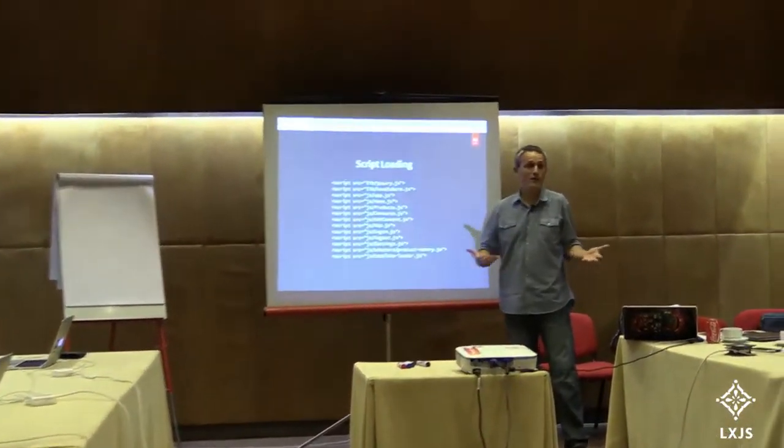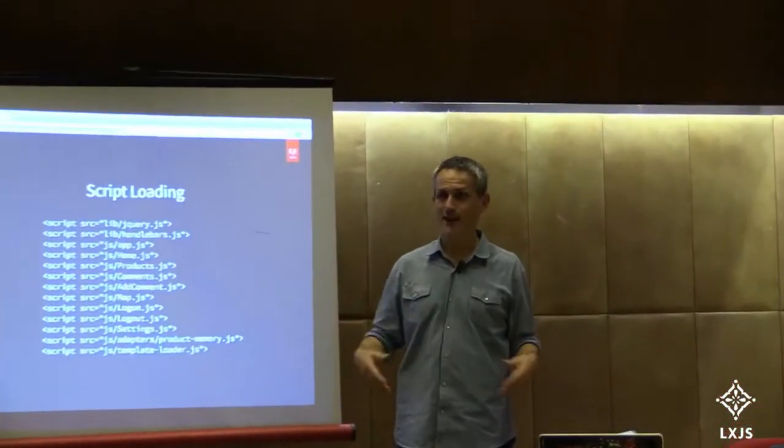This required.js is essentially an open source community project that works right now. Hopefully, it's not going to be needed in the future when the module specification is available or implemented. But at this point, that's how you do it.